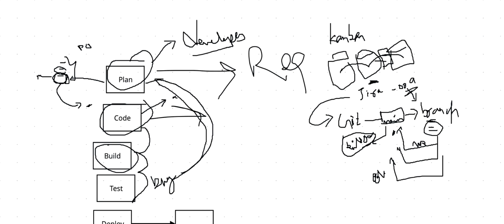Now the test phase: when we do the build, it also tests the code quality and everything. Then it will go to deploy, and there is a test suite which will run. So basically these three are connected: build, test, and deploy.